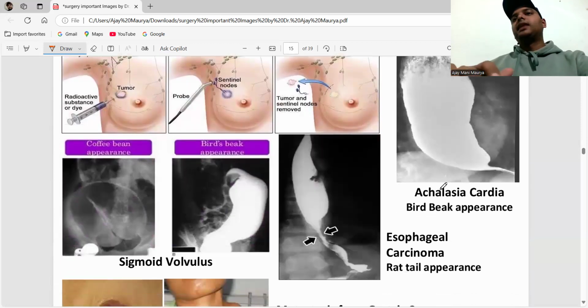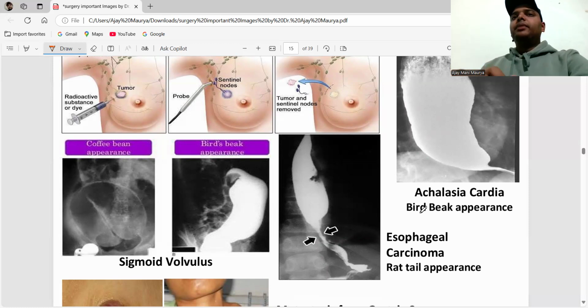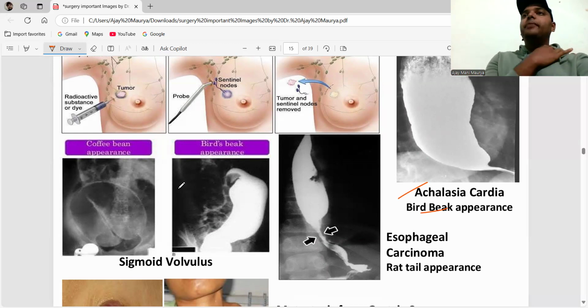See, guys, here this is achalasia cardia. This is the bird beak sign. Remember, guys, achalasia cardia, bird beak sign on the barium swallow. If you see a bird beak sign on the barium enema, then it is a case of sigmoid volvulus.